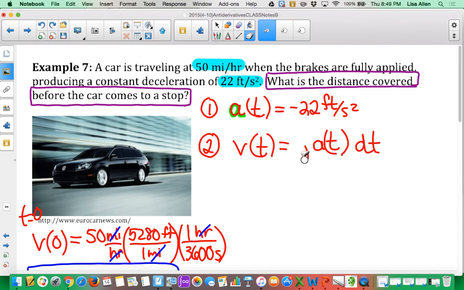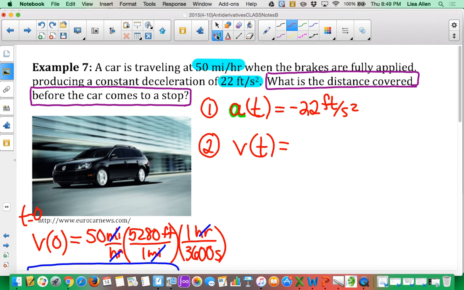So v of t is the antiderivative of a of t. Remember, we're going backwards because a of t is the derivative of v of t. So we have that the velocity is negative 22t plus an arbitrary constant c.